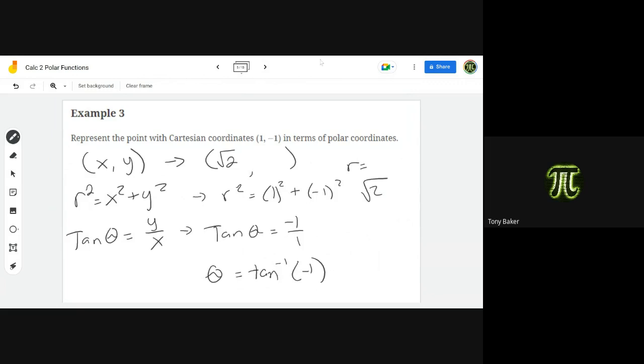That matters because the arctangent of the value will give you the 2nd quadrant or the 4th quadrant in this situation. So since this is in the 4th quadrant, it's going to be 7 pi over 4.